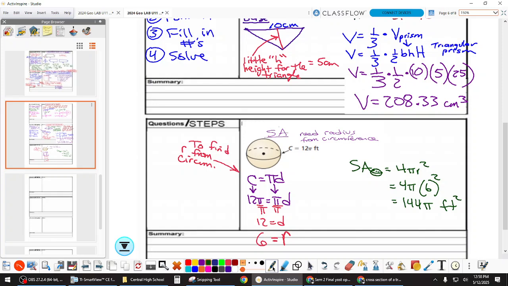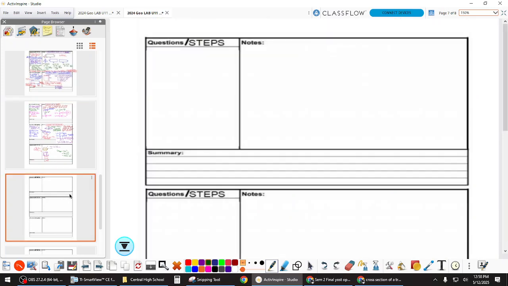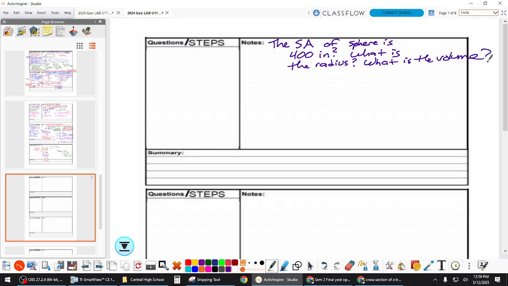Do you want an example of that? I mean, it's not really so much geometry, it's algebra. Are you guys good with SA? I keep abbreviating. Okay. So the surface area of a sphere is, let's say, 400 square inches. What is the radius? What is the volume? We'll just kind of combine these two examples.